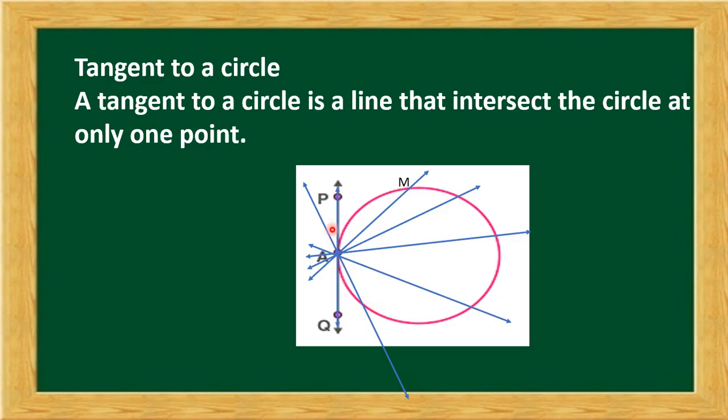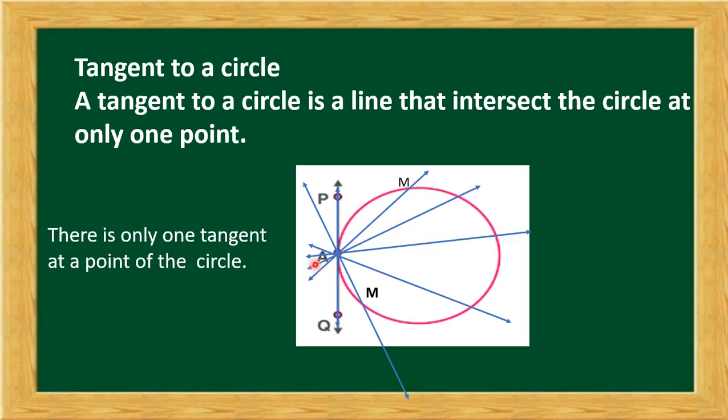That means when this line PQ moves, it touches the circle at 2 points, but here we prove that it touches at only 1 point, that is point A. So there is only one tangent at a point of the circle.